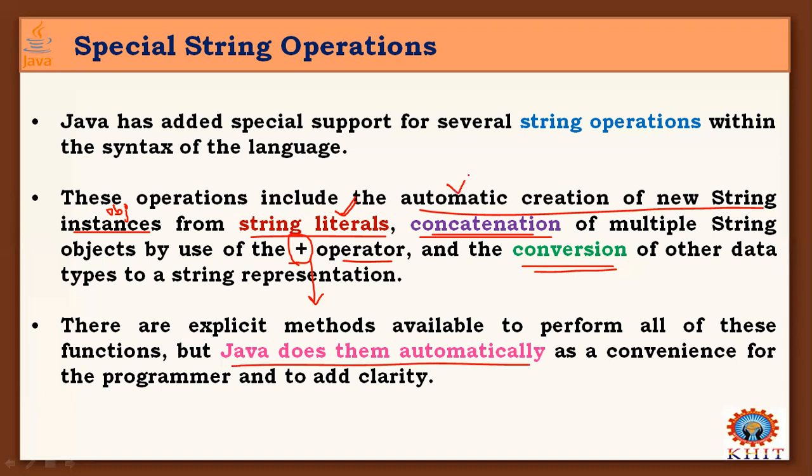Here it is the concept: these special operations are automatically done by the Java runtime system, and as a convenience for the programmer, to add some clarity to doing this type of operations, for getting the use of assigning string literals, concatenation, and conversions.